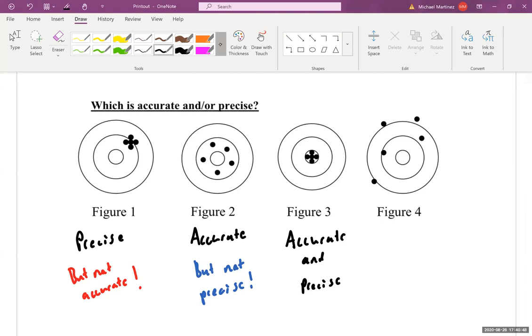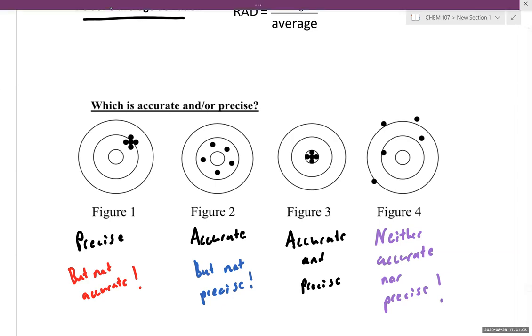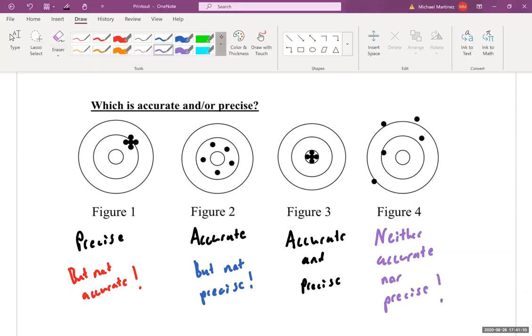Finally, in figure 4, you have a pretty bad data set where we're not hitting the center target and our data points are all spread apart. So we are neither accurate nor precise. So this is how you can visualize accuracy and precision.